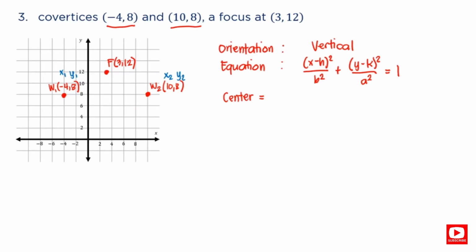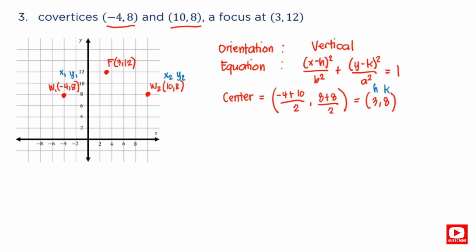So we have our center, negative 4 plus 10 all over 2, and 8 plus 8 all over 2. And this is just equal to 3, 8. Okay, so we have now our h and k. Okay, now we need the values of a and b.